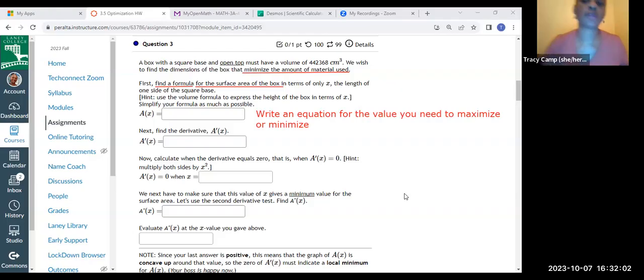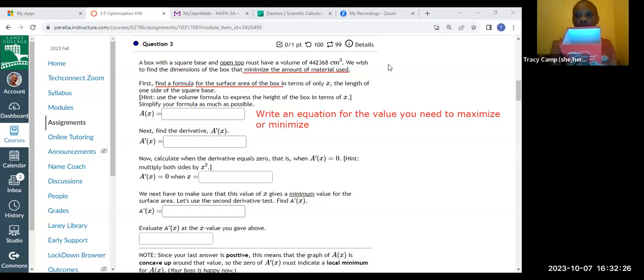So I'm going to grab a box. I have a box over here, and I like this box because it has an open top. There's a mug in it also, but you see the box.